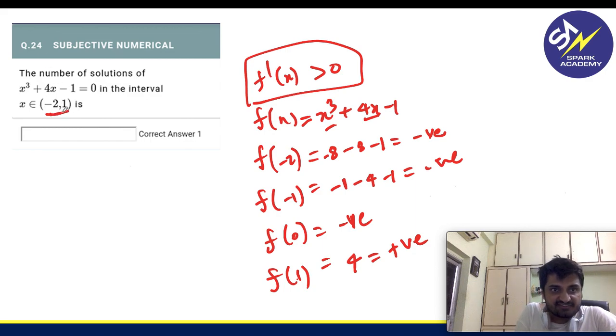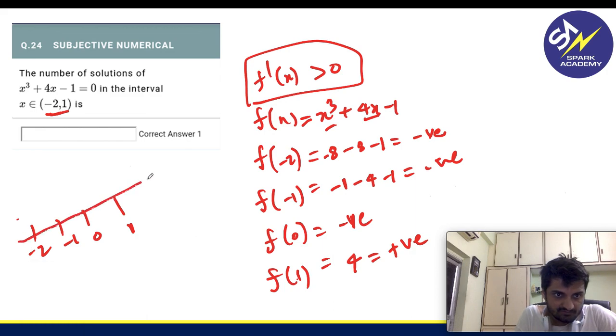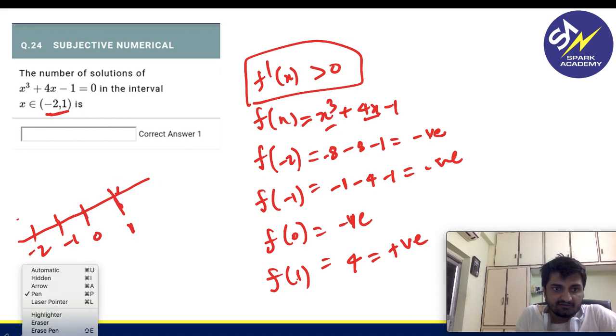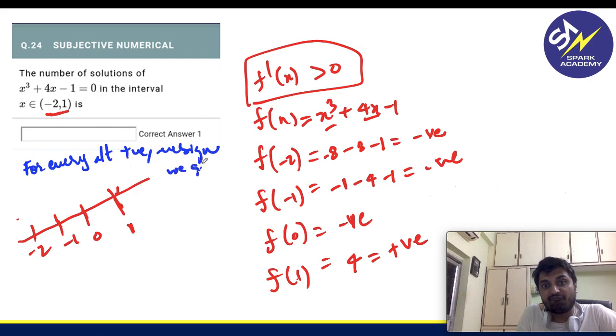Now observe, x is between minus 2 and 1, right? So minus 2 I am taking, minus 1, 0 and 1. This is the interval which I need, correct? Now this rule of signs says that for every alternate positive-negative sign change, we get one root.